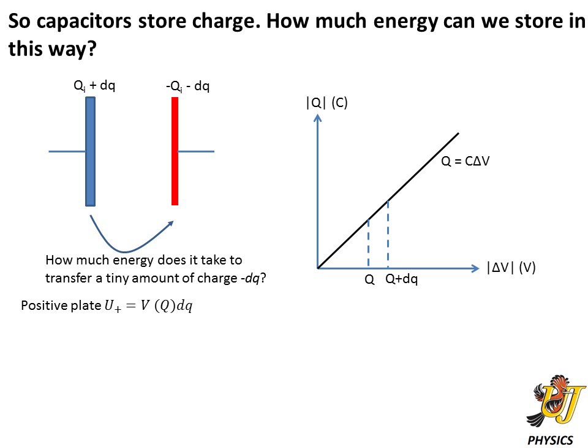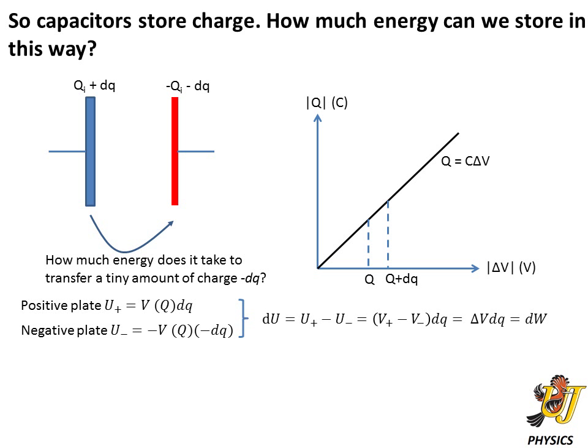From the definition of the electric potential, we know that the potential energy of the positive plate now becomes just the electric potential of the plate times the small amount of positive charge dq that we've added to this plate. For the negative plate, its potential energy becomes the negative electric potential of this plate times the negative amount of charge we added to it.